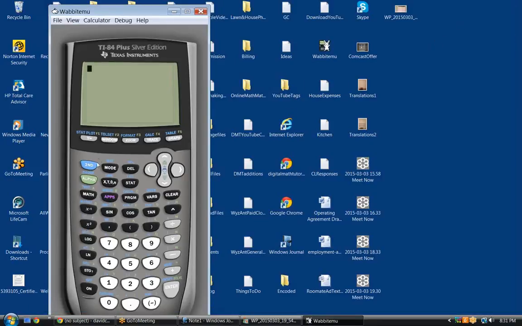I want the inverse sine of 1 minus, oh God, where's the, okay, here we go, root 3.